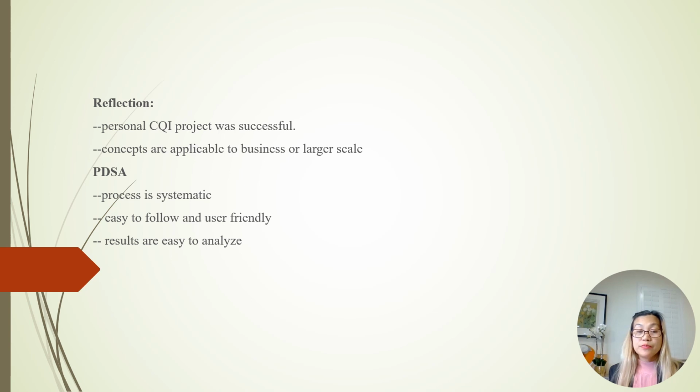I learned the concepts, and they are applicable to business, larger scale, or an organization. By the time I'm working in an organization, I could certainly apply the concept, because PDSA is a systematic process, easy to follow, and results are easy to analyze.